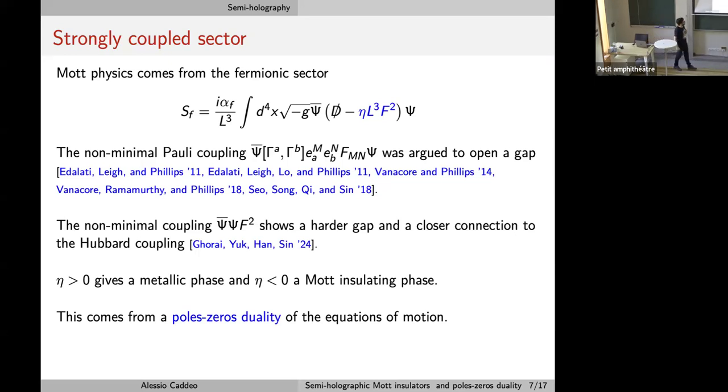This behavior comes from what is called the Pauli-zero duality of the equation of motion, which is a correspondence between poles at positive values of eta and zeros at negative values of eta, and vice versa. So if we switch the sign of eta, poles get mapped to zeros, and vice versa.